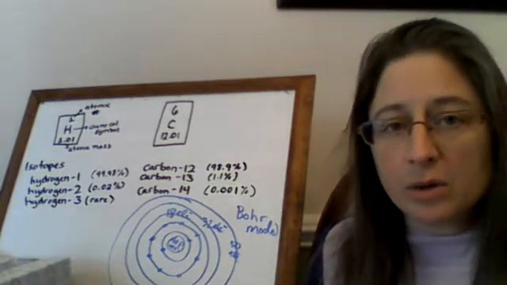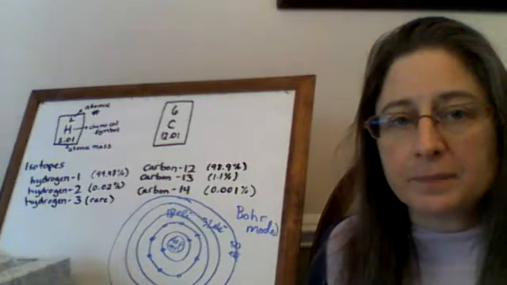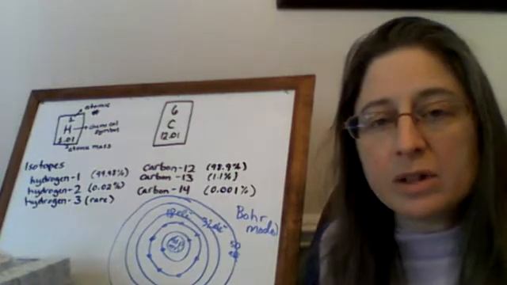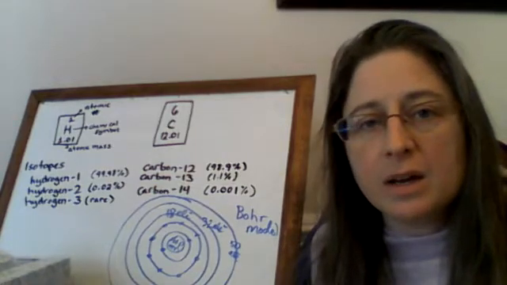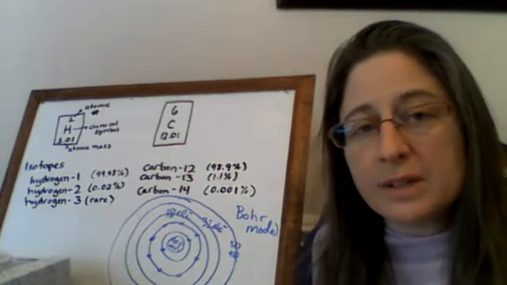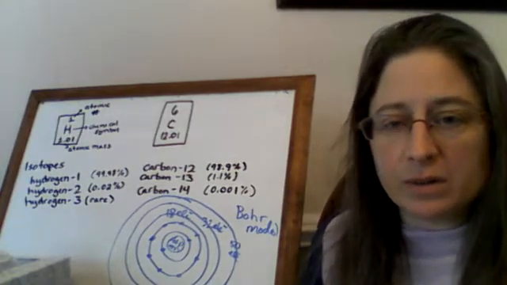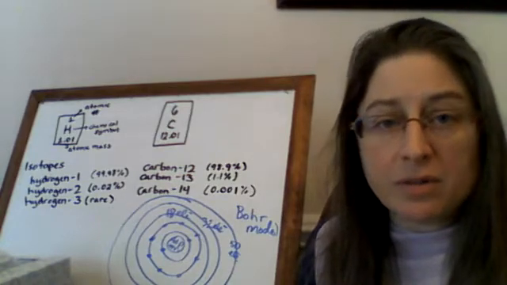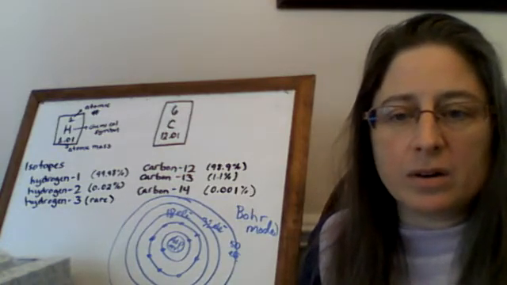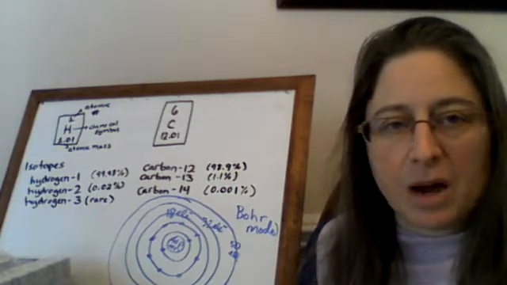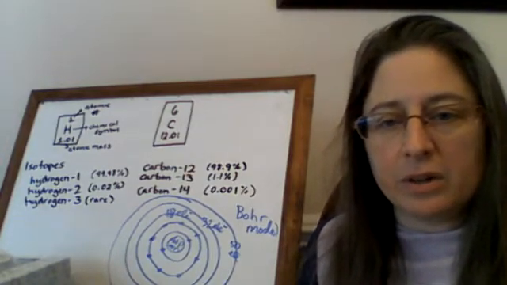So an isotope is a collection of nuclei that all have the same number of protons. They're the same element, but they can have a different number of neutrons in their nucleus. So there are 3 isotopes of hydrogen, for example, that are naturally occurring, and then there are some that are lab created, which we're not going to look at.